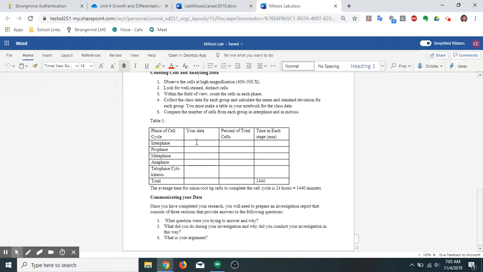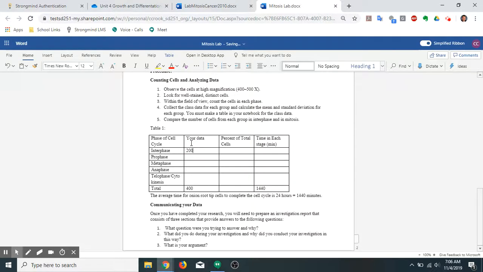So to walk you guys through this, let's pretend that you have your data here. Let me just kind of fill this thing out. Let's say that out of a total of 400 cells, 200 came from here. I'm just going to make this kind of easy for my math's sake. And you guys, this is by no means an accurate number. Let's say this one was 80, that's 280.